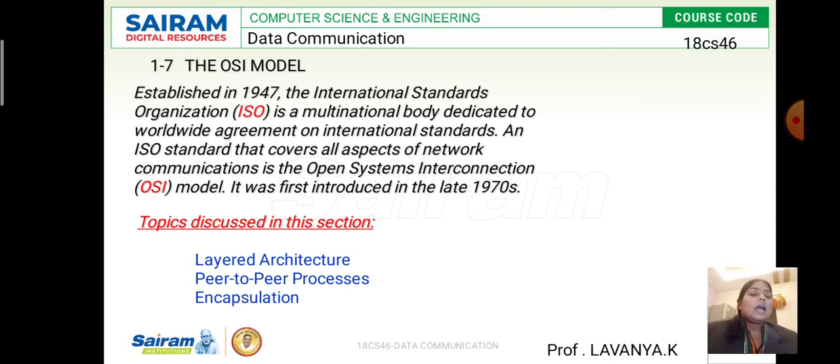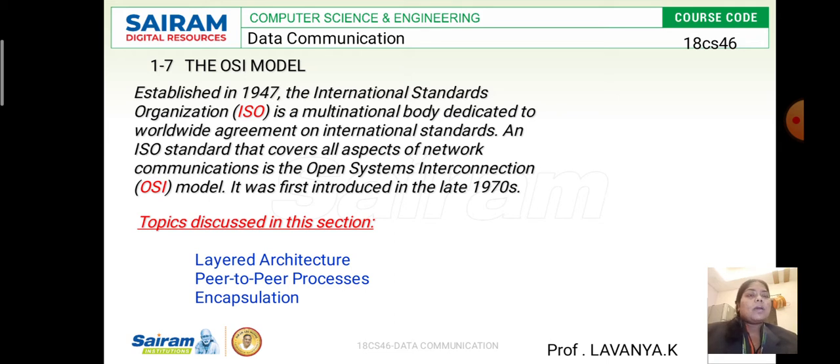ISO introduced the OSI model so that the standards cover all the aspects of network communication in an open system interconnection model. The OSI model consists of 7 layers.